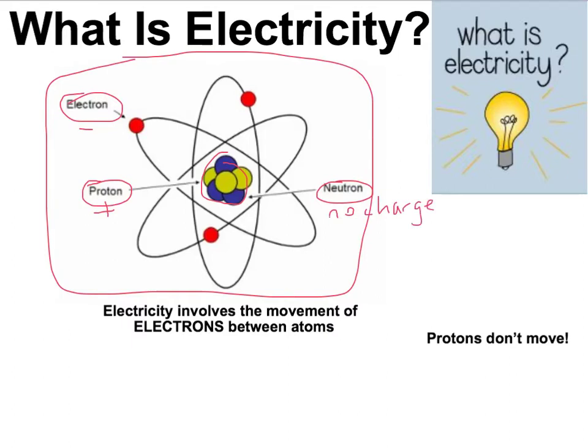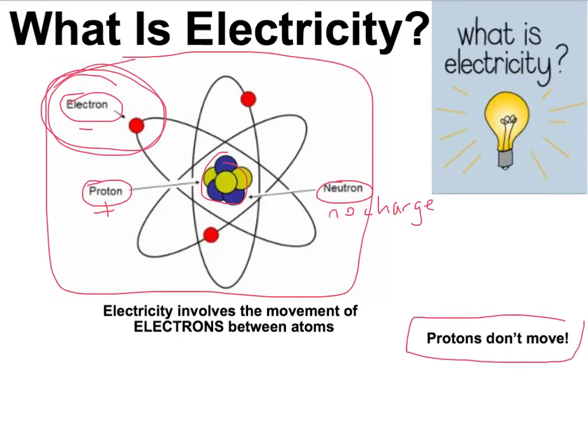So what electricity is all about is movement of electrons, of these negatively charged particles, from one object to another, from one atom to another. So it's movement of negative charges. Protons don't move. And that's going to be really important as we go through the rest of this explanation.